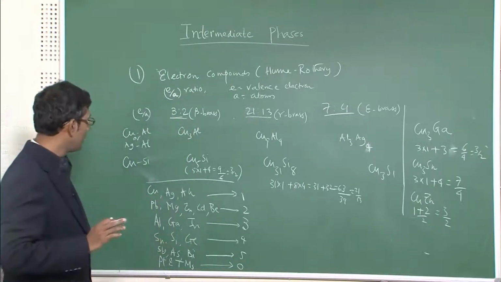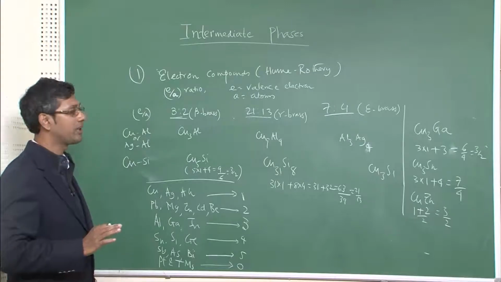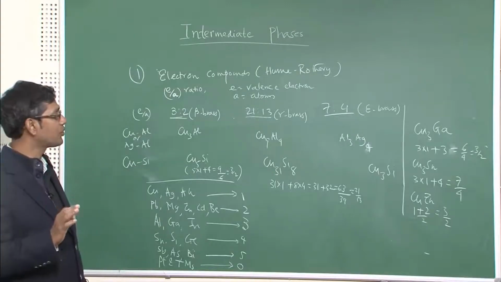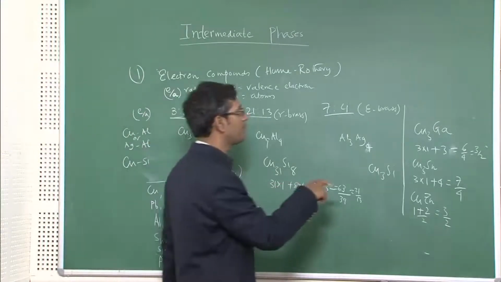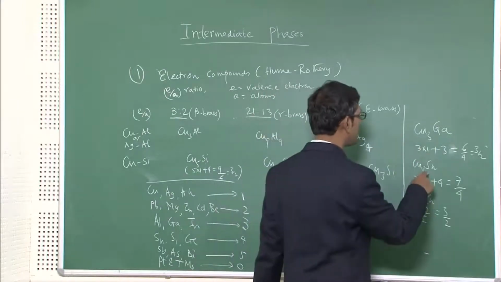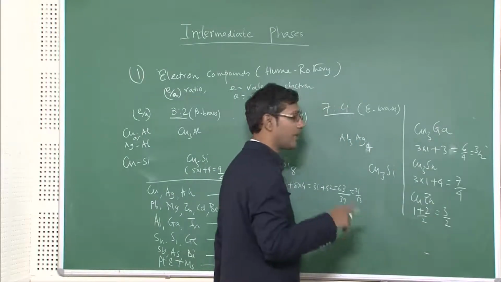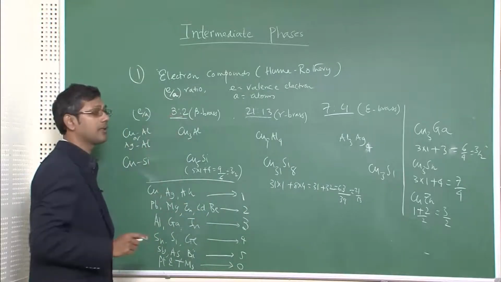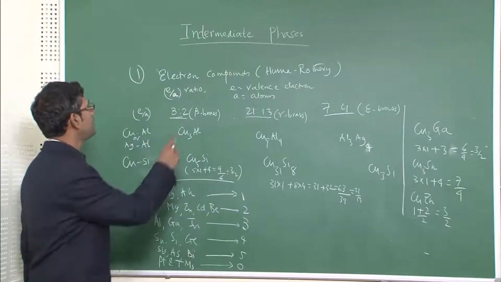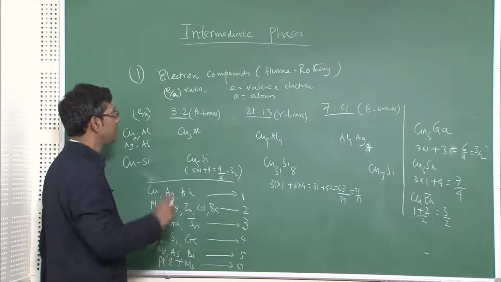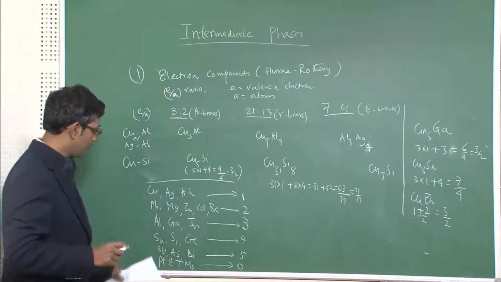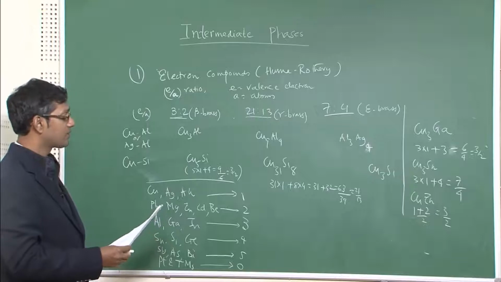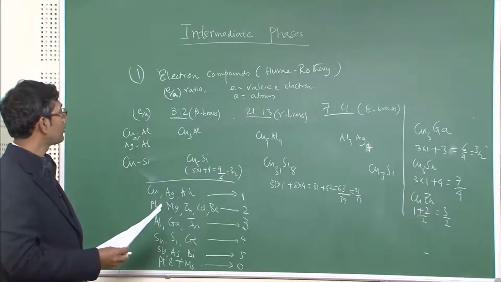That is the major discovery of Hume-Rothery theory, that these compounds, although they have different compositions and come at different positions in the phase diagram, have similar crystal structure, and these crystal structures are BCC or beta brass type. I hope that is clear for these electron compounds.